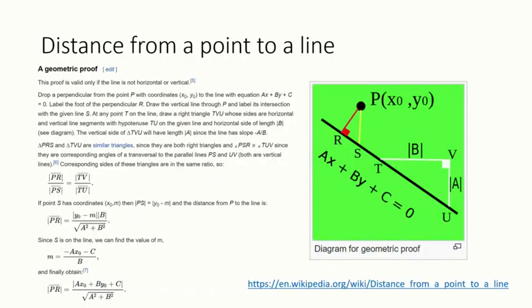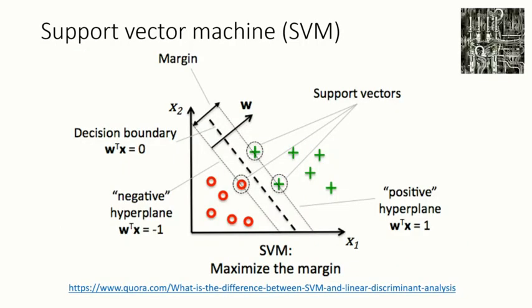So how can we do that? We need a quick way to compute the distance between data points and any given line. That's the central algorithm.